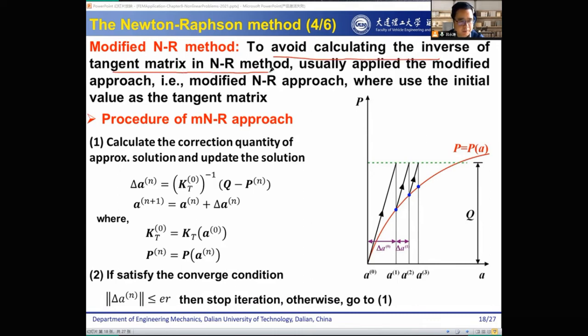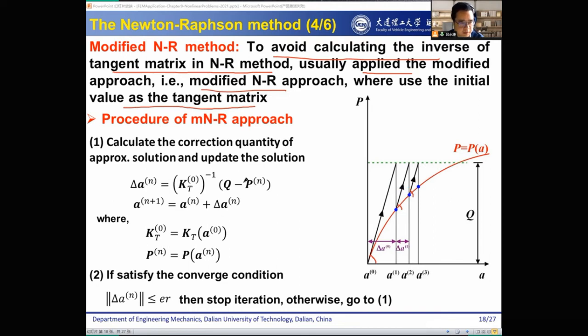In the modified approach, we use the initial value as the tangent matrix. Here is the graph for the modified Newton-Raphson method. We calculate the initial tangent matrix, and then we use it for the subsequent iterations.